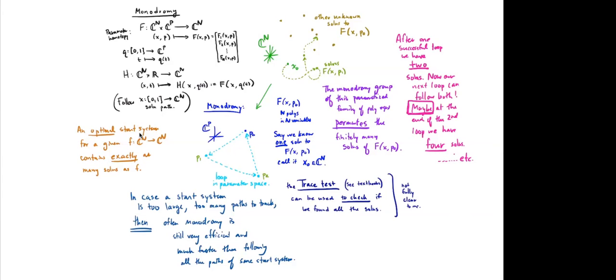So you can just keep trying new embeddings of your system into a family of systems. Each embedding will have a different monodromy group, but any solution you compute using any embedding can be carried over to some other embedding and then used as start paths for monodromy loops.